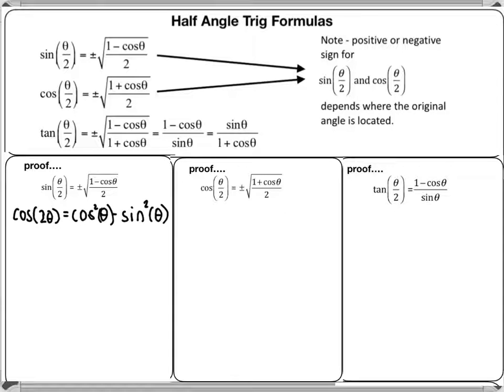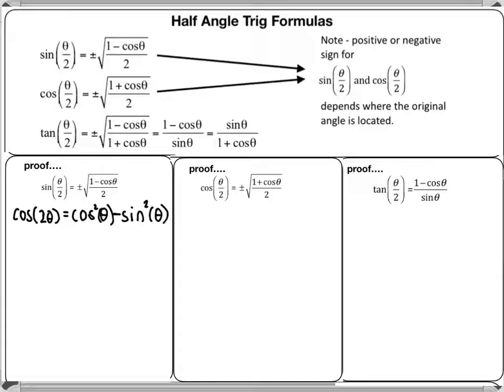That seems a little bit bizarre to start off with, because it doesn't really have anything to do with that. But if we start to build on this, you're going to see why starting off with a double angle makes sense.